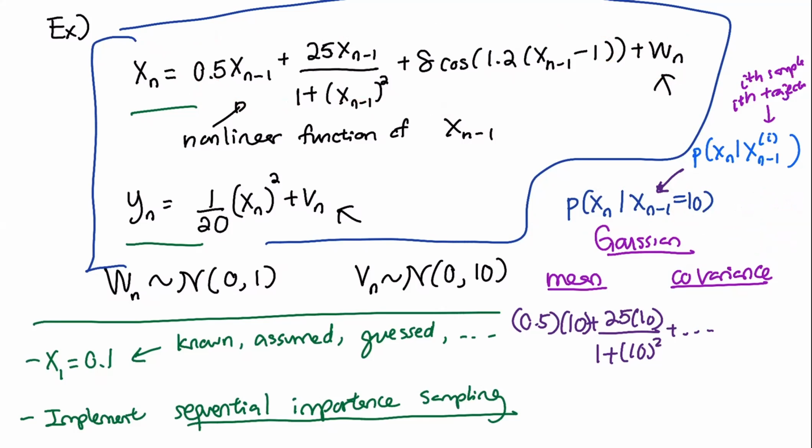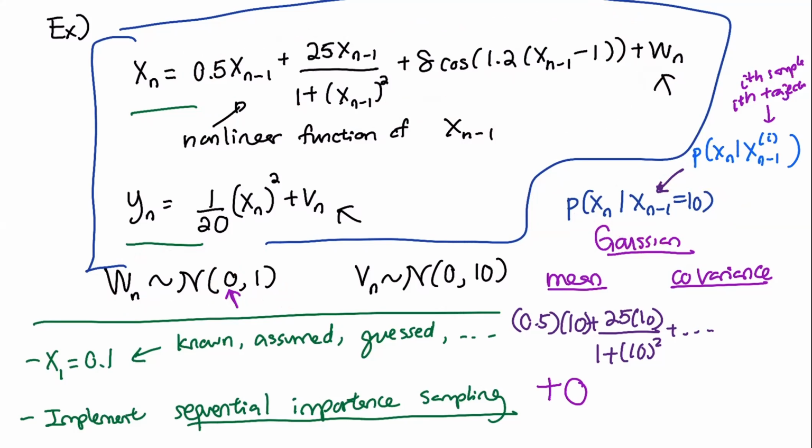Why does the mean only depend on this term? Because our noise is zero mean. We make this very specific assumption that the noise has zero mean, so we're adding this whole term plus 0, which comes from the mean of the noise. If you're working on a problem where the mean of the noise is not 0, you have to account for that in the mean of this Gaussian.